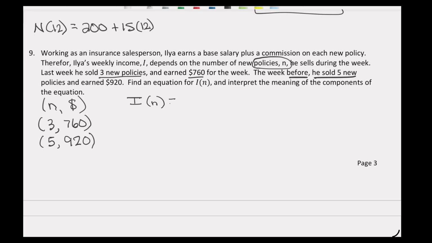Well, we need M, the slope, N is our variable, plus our initial value. This would be his base pay, which we don't know. And M, the slope, would be the commission per policy.